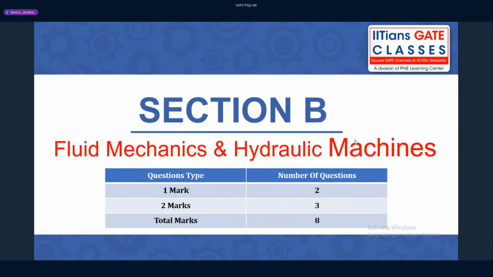This particular subject is carrying the weightage of 8 marks in the section B, right? In the section B, we have some other subjects like thermodynamics and its application, along with the heat transfer, again, along with this fluid mechanics and hydraulic machines, right? So it is one of the important subjects, as you can see in the set one also 8 marks, and here also 8 marks, right? Same you can expect in 2024 also around 6 to 8 marks.